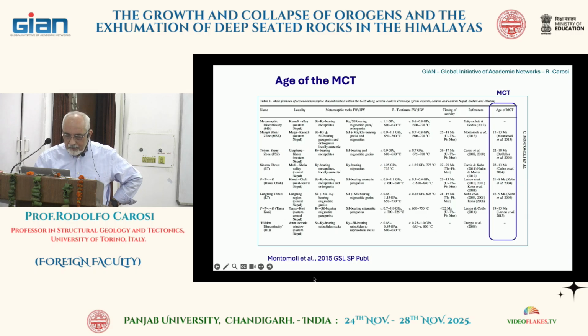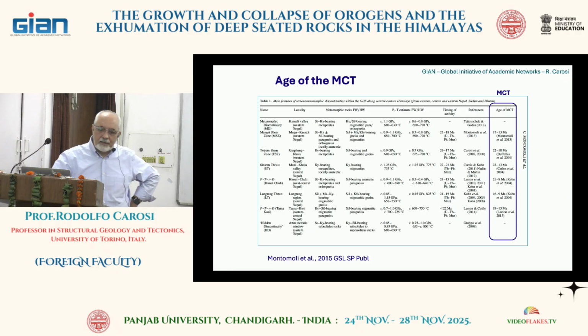In this paper of several years ago, we compared the ages of the Higher Himalayan sequence with respect to the Main Central Thrust. The Main Central Thrust ages, more or less 17.13, 25.10, 25.13, 25.8, 16.9, 19.15. So more or less the range of age is this one.